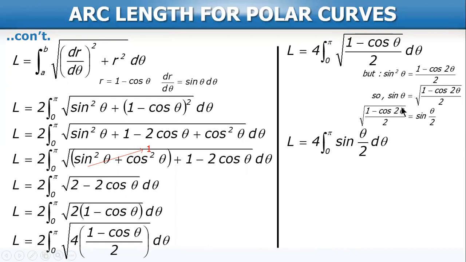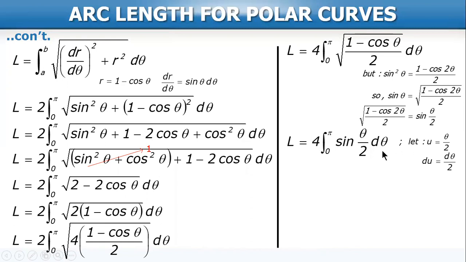Again, this is a typo error. This is only theta. And this is very simple now. We can use substitution to replace theta over 2. Let u equal theta over 2. So du is d theta over 2.